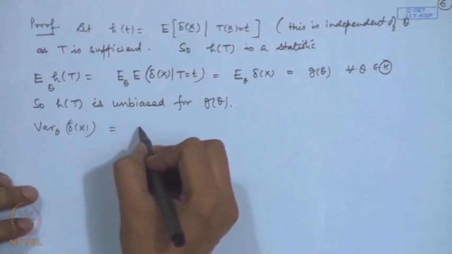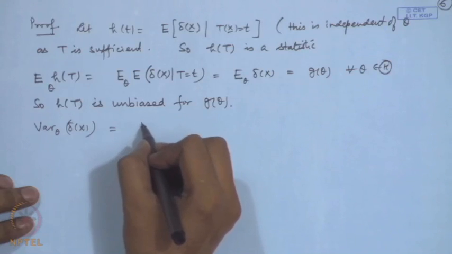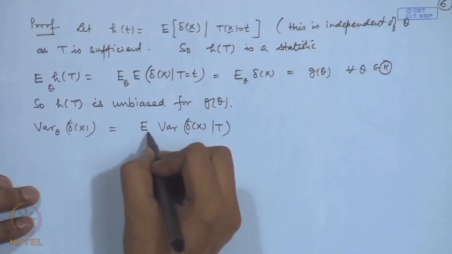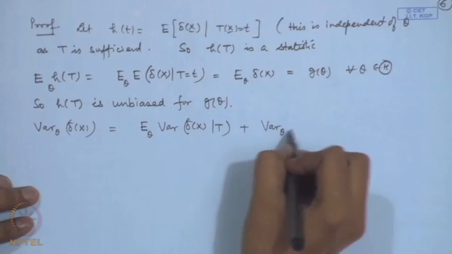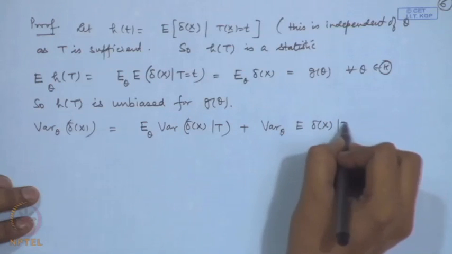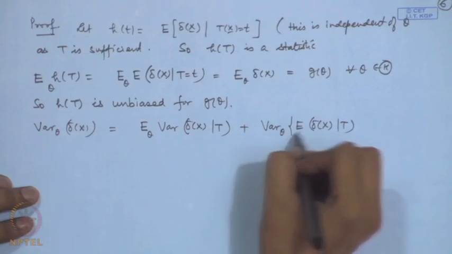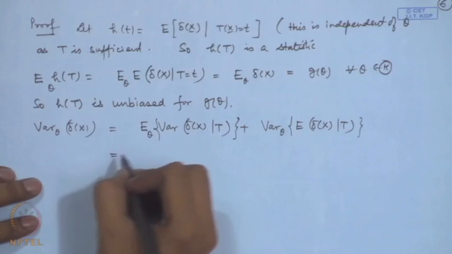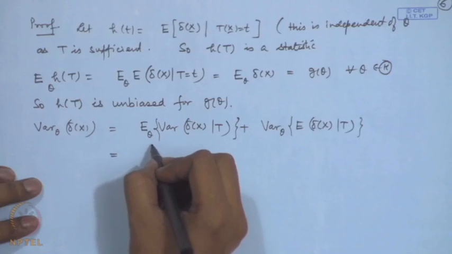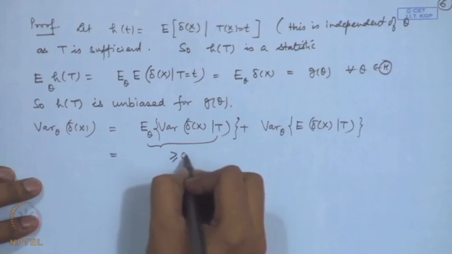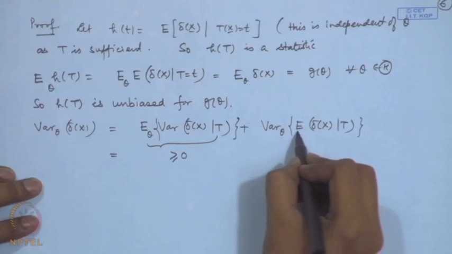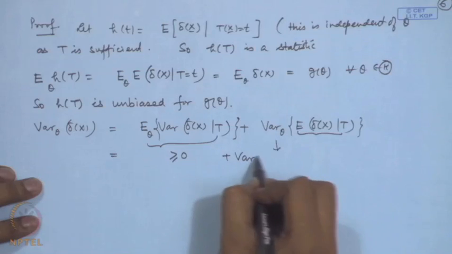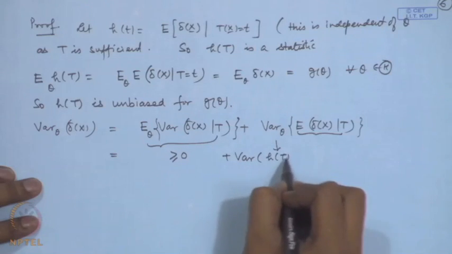Now, this variance of delta(X) I can express as the expectation of the variance of delta(X) given T plus the variance of the expectation of delta(X) given T. Now, the first quantity is a non-negative quantity, and the expectation of delta(X) given T we have defined to be h(T). So, the second term is equal to the variance of h(T).